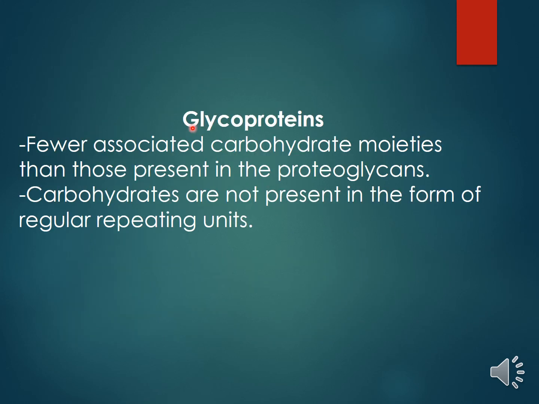Now, the other main component of the ground substance. Firstly, we talked about the proteoglycans. Now, the glycoproteins have fewer associated carbohydrate moieties than those present in the proteoglycans. The carbohydrates are not present in the form of regular repeated units, as we mentioned in the proteoglycans.